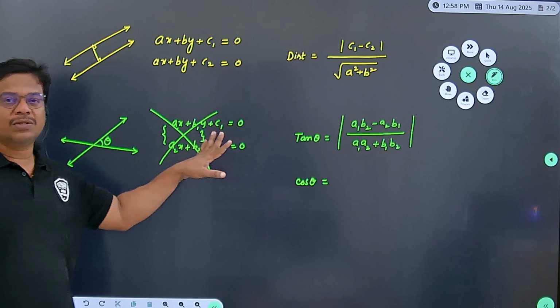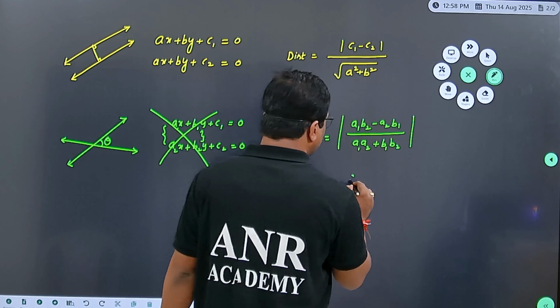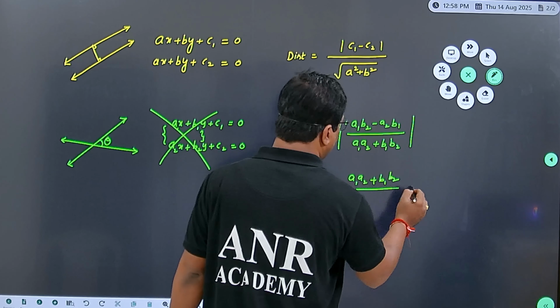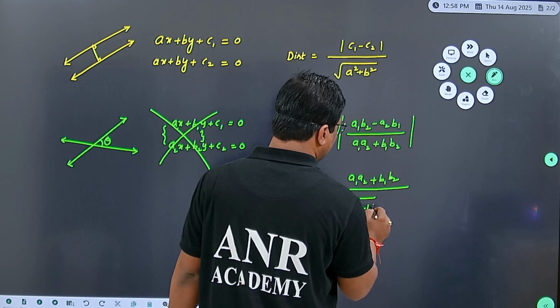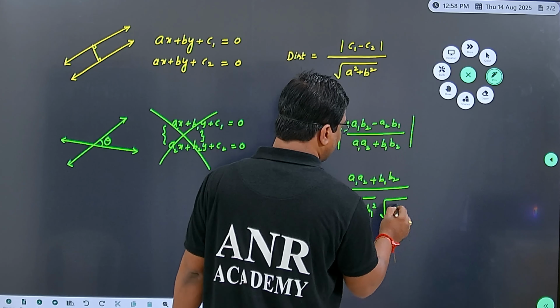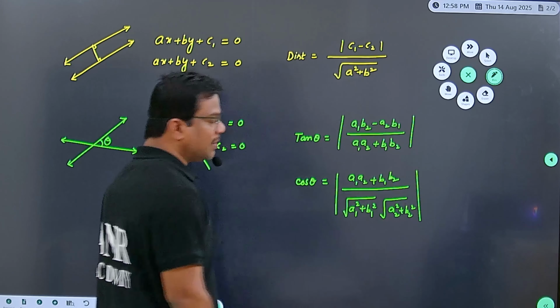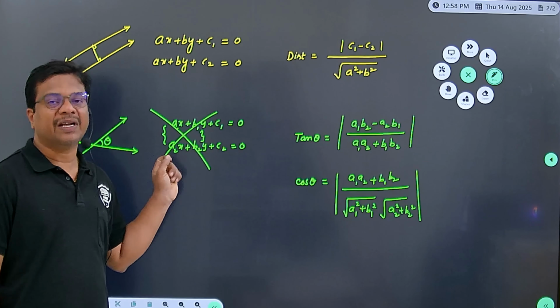You may also use the cosine angle formula, that is a1 a2 plus b1 b2 divided by root over a1 square plus b1 square multiplied by root over a2 square plus b2 square. So these are the formulae related to the angle between two intersecting lines.